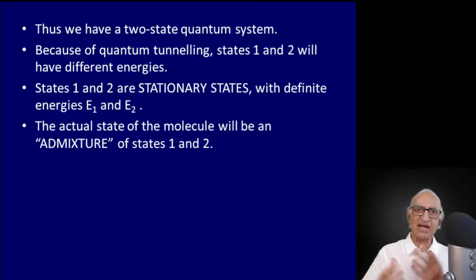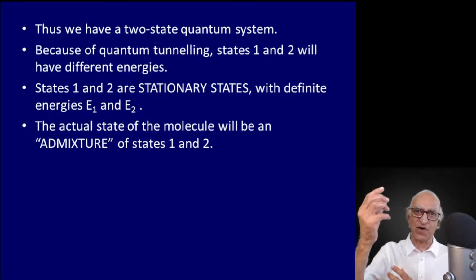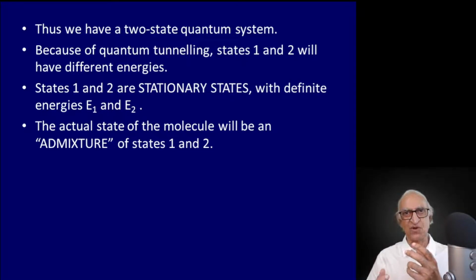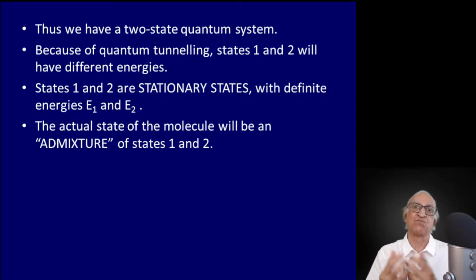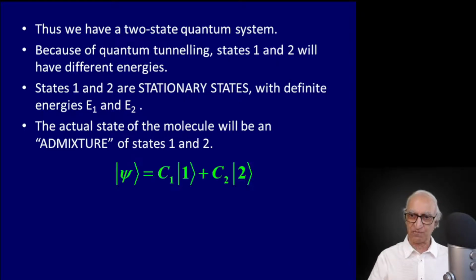Now, a real ammonia molecule can either be in state 1 or state 2, and quantum mechanics tells you that it can be in both states. So the ammonia molecule's actual state will be an admixture of the ammonia molecule in state 1 and the ammonia molecule in state 2.